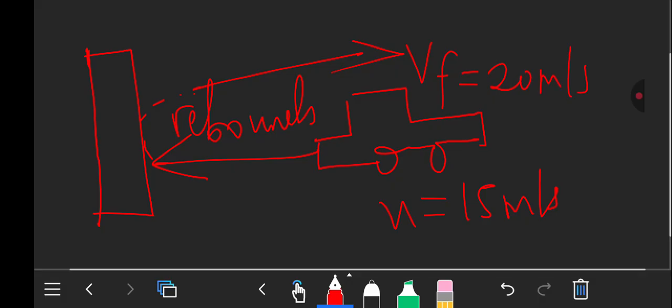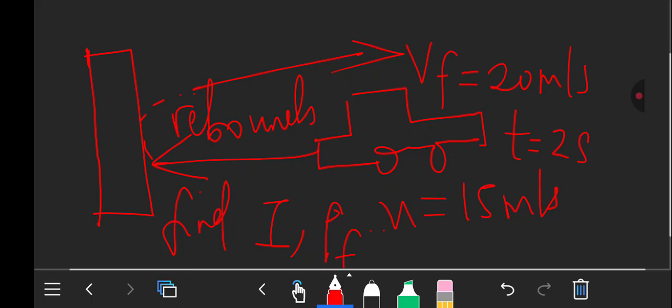Then the question is: find the impulse if the collision took 2 seconds, and also find the final momentum.